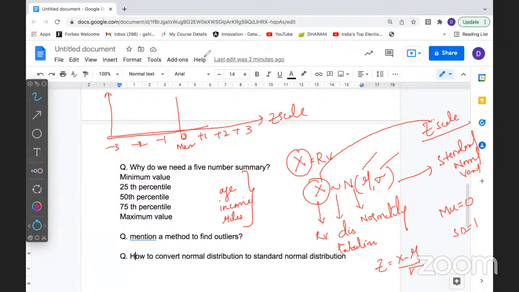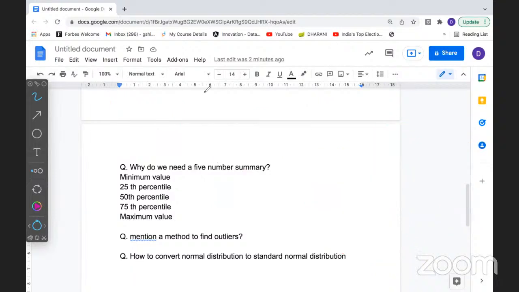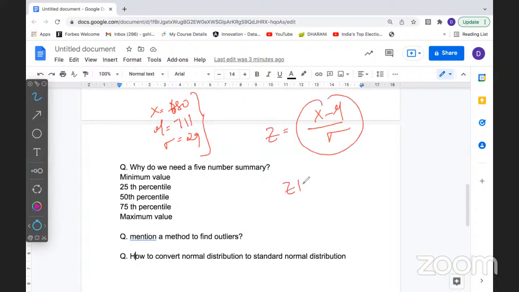To have a clear-cut relationship for confidence intervals and all that, we convert it, and the formula we choose is X minus mu by sigma. If X is equal to 780, mu is equal to 680, 711, anything. Using the Z table, we will get the percentage value.